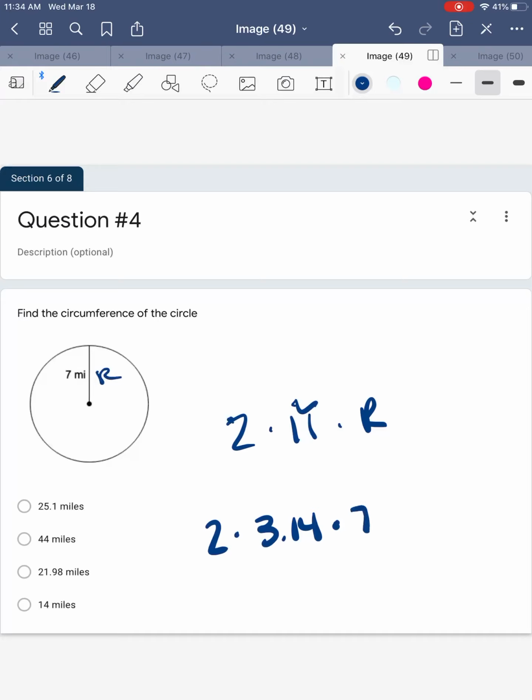Then 2 times 3.14 times 7 is 43.96. So it's rounding up to 44 miles on that one.